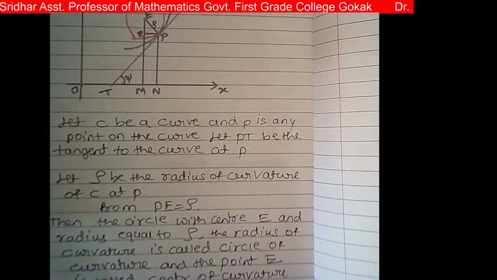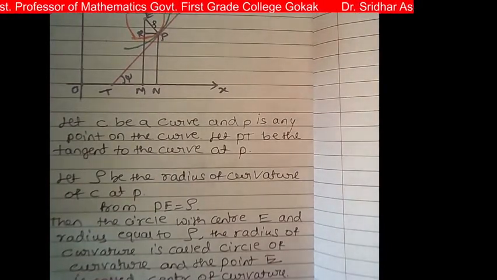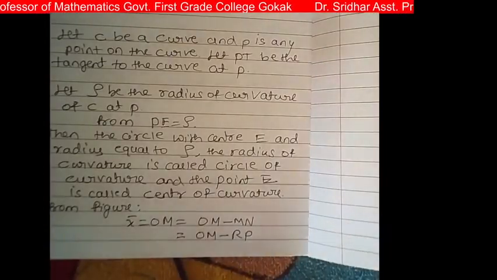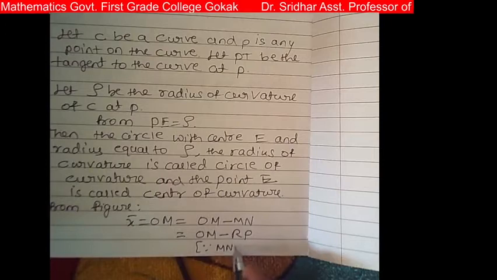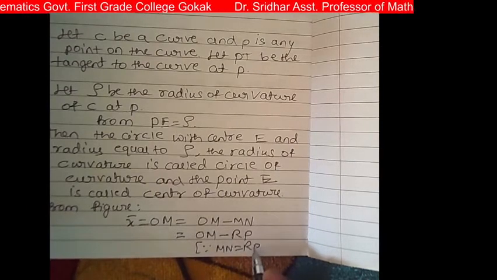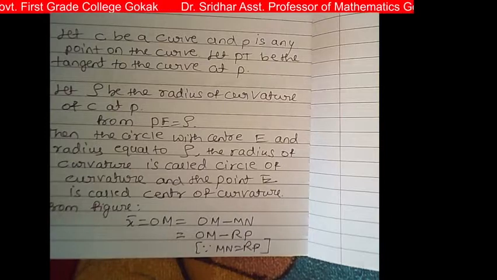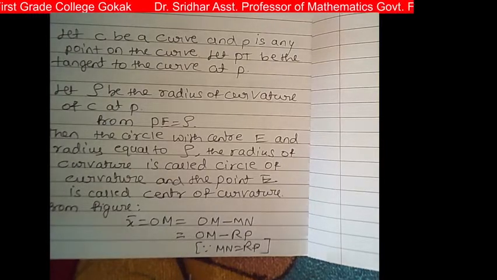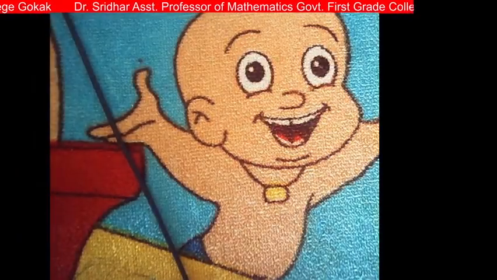So therefore we write this as OM minus RP, because MN is equal to RP.